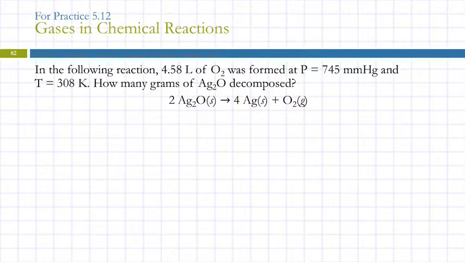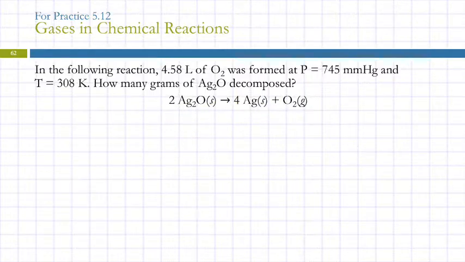We should identify this as a stoichiometry problem because we're given information about one substance and asked about a different substance. That means there's a chemical reaction occurring. It's not a dilution problem or just a changing pressure or volume of a gas. All of those things deal with just one substance. Here we've got two different substances.